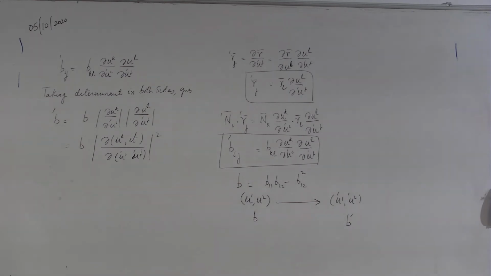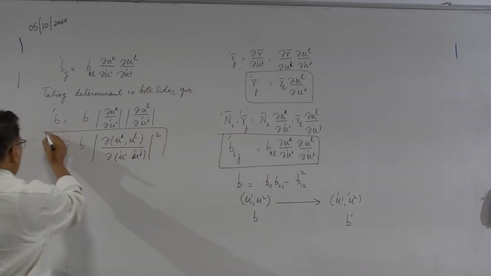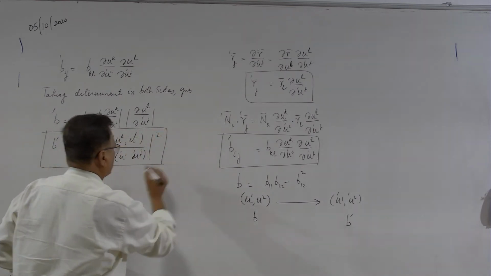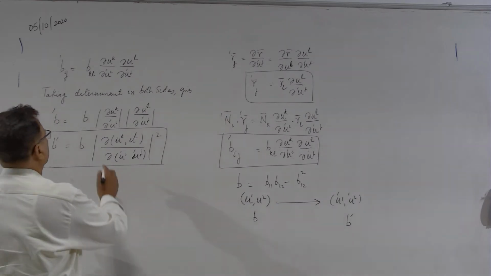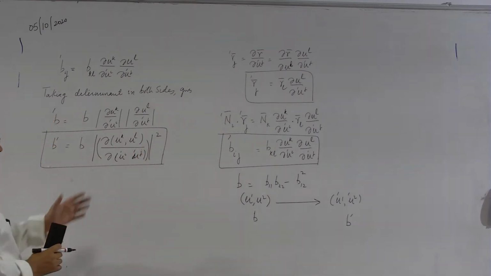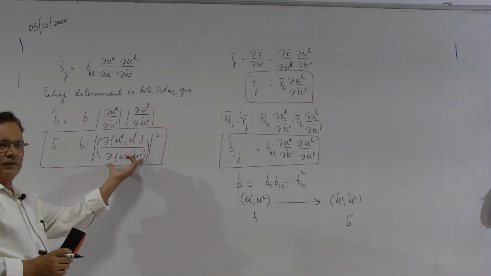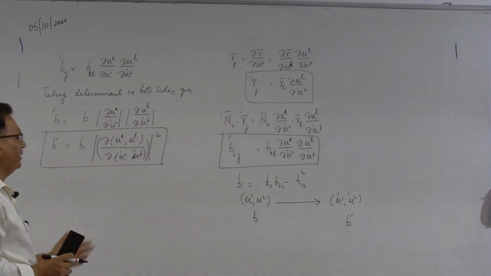This is how b dash transforms. This is the law of transformation for b. This is a matrix, this is a matrix, and then you take its determinant and square it. This bracket does not make much difference.